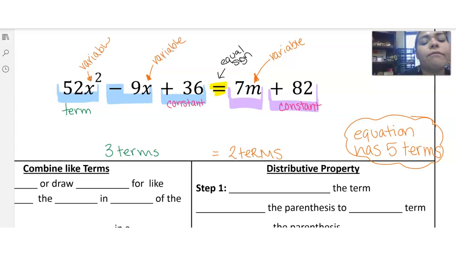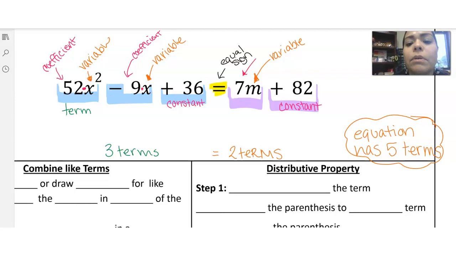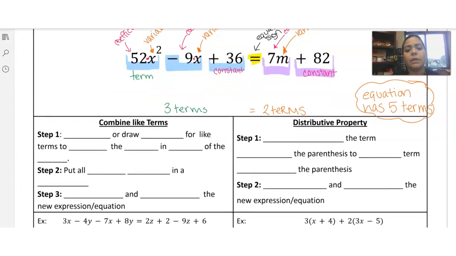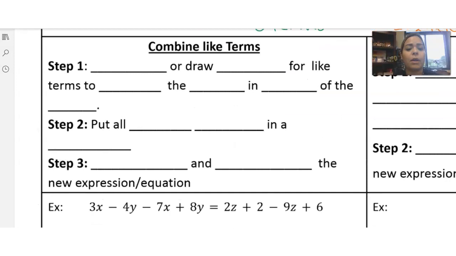Now, that number in front of or attached to that variable is called a coefficient. This -9 is my coefficient, and the 7 is also a coefficient. So now that we know the correct terminology for each of those terms, we can move on.